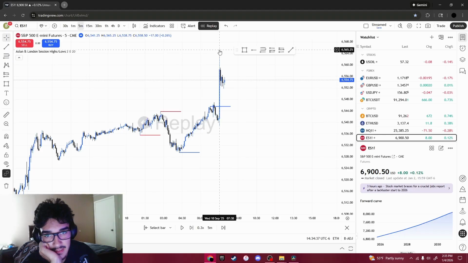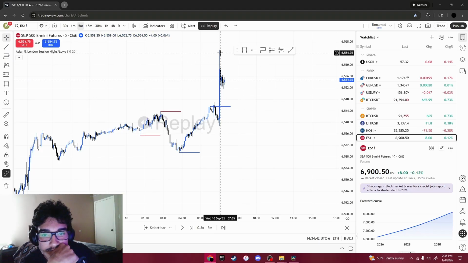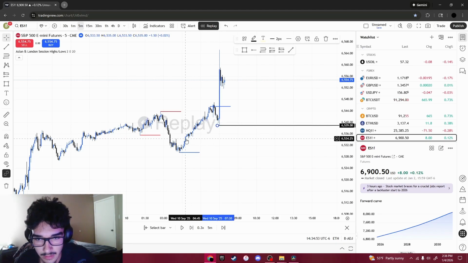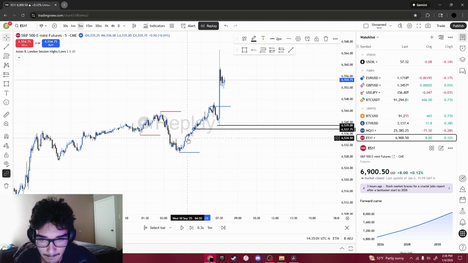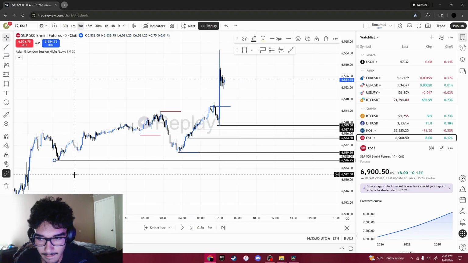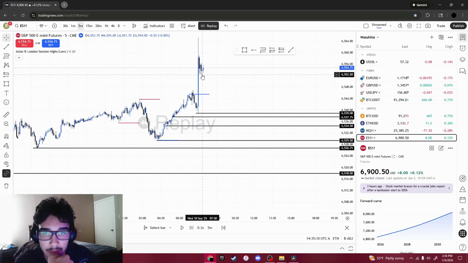So I think it's gonna take out this high, this high, then rip. My bias is bearish. Target these lows, these low draws on liquidity. We just got way more draws on liquidity on the upside.